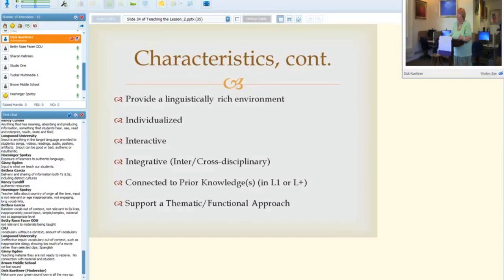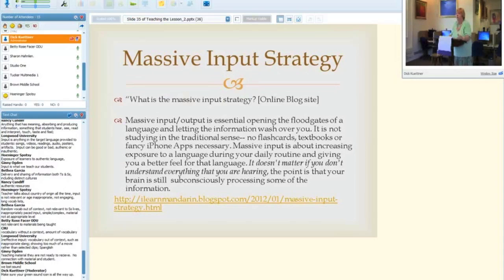Connected to prior knowledges, not just prior knowledge, but knowledges in their first language, and some of them have more than one first language. So as much as we can connect to all of that, input should support a thematic or a functional approach. You can call that proficiency, you can call it communicative, as long as it is integrated.